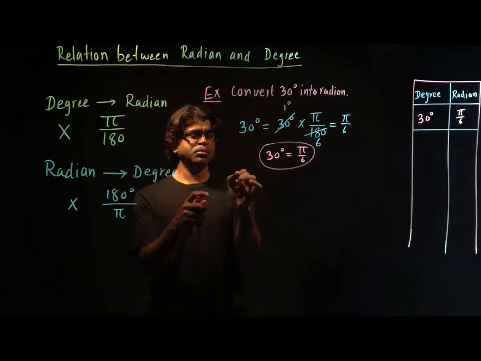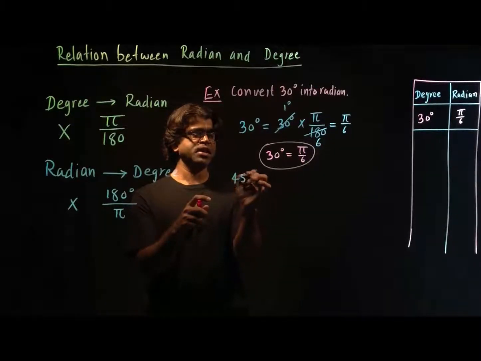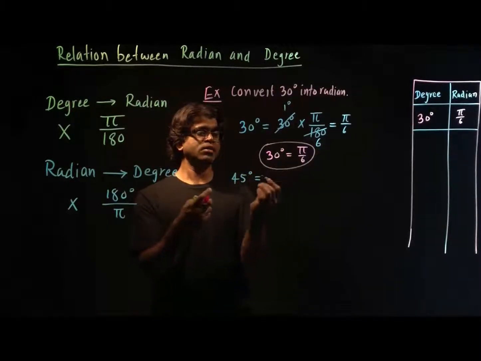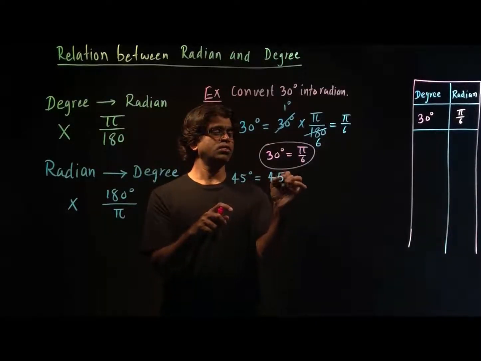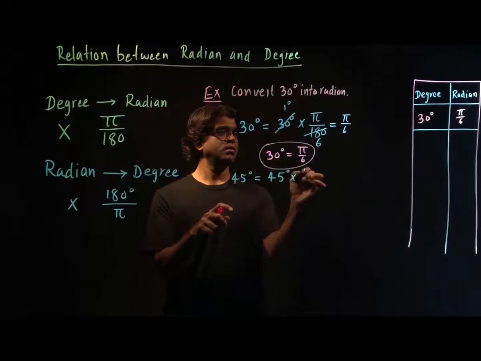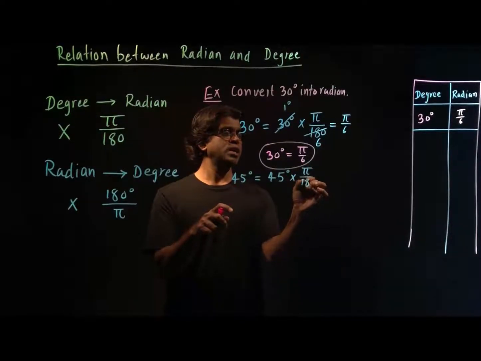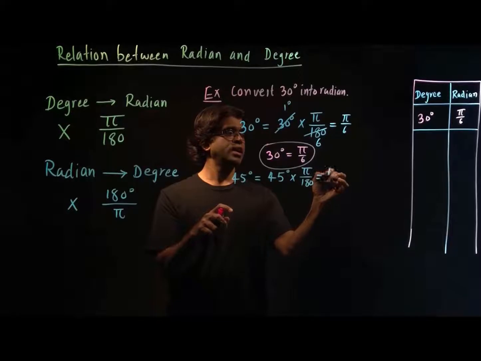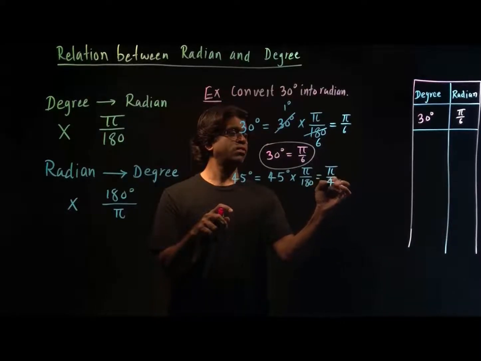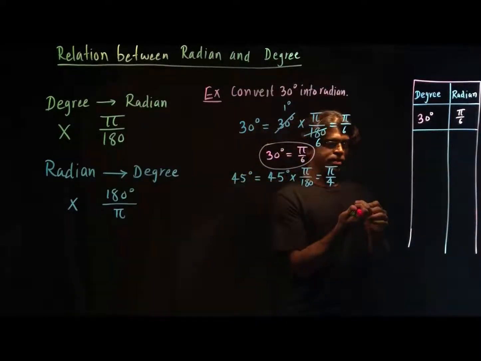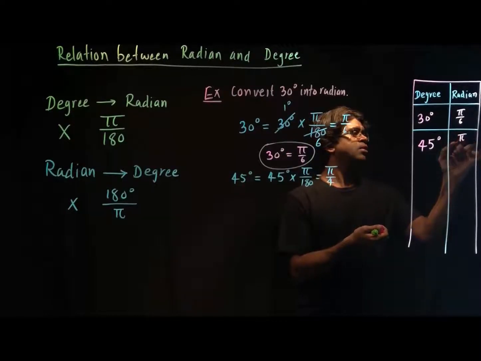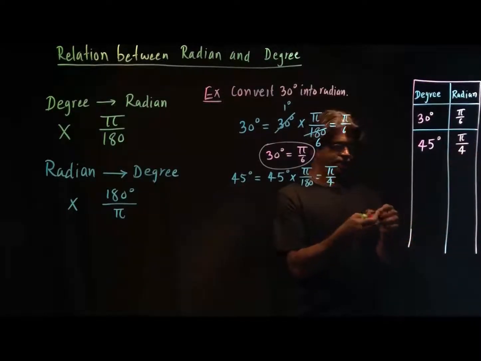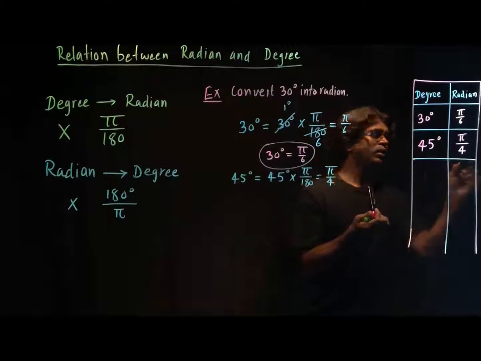What if I have to convert 45 degrees into radian? I will do 45 degrees times pi over 180, and if I simplify, I will get pi over 4. So I will write 45 degrees is equal to pi over 4 radian. Okay.